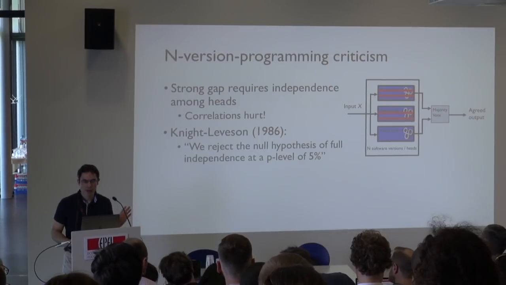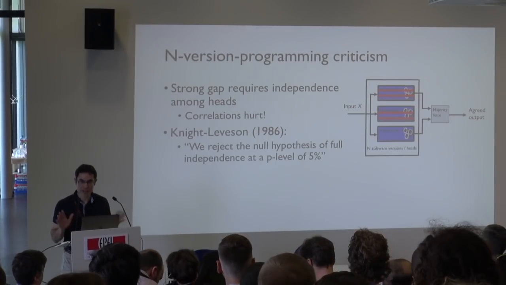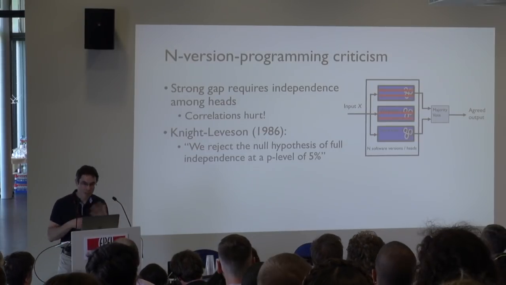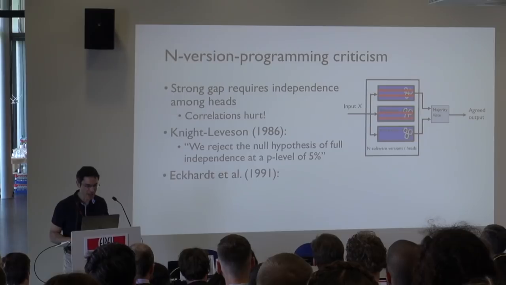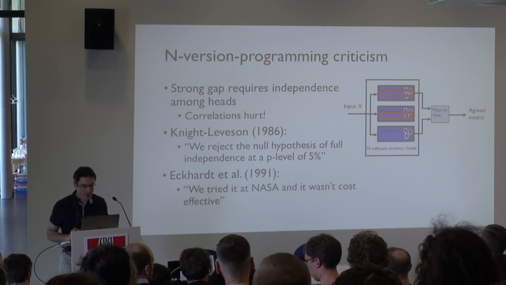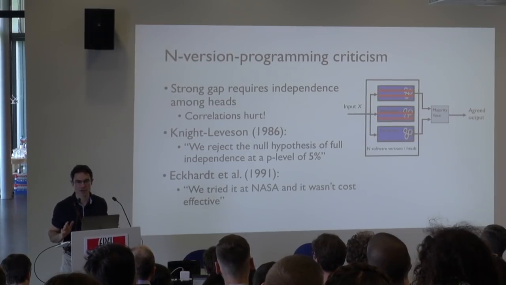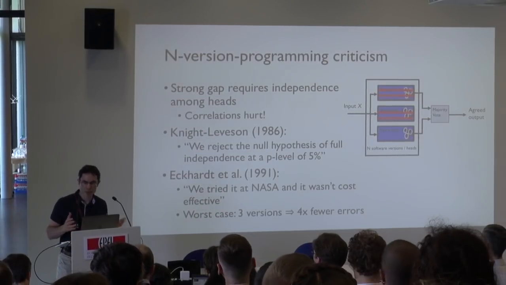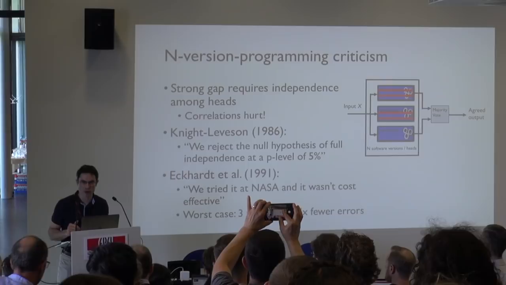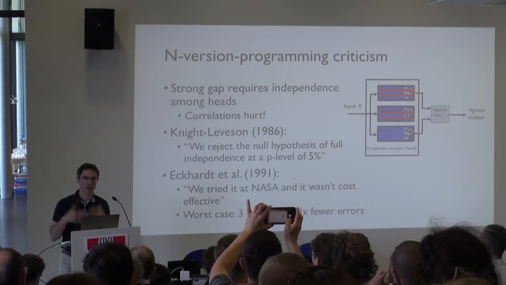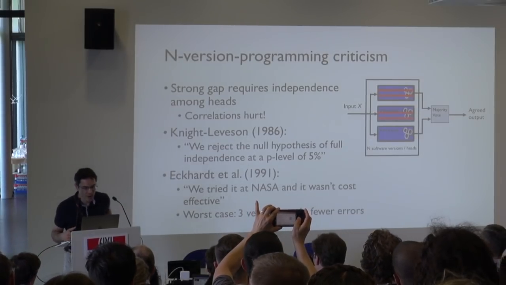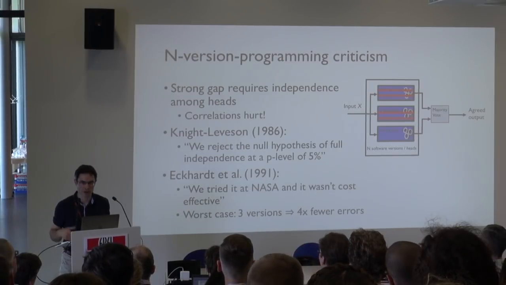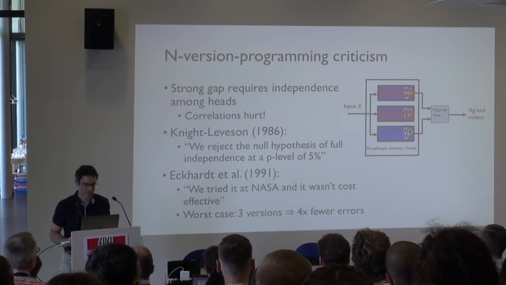That's bad, but worse still, NASA, again, it wasn't by coincidence that I showed you Space Shuttle, NASA played with N-version programming and found that it simply wasn't cost effective. In the worst case, they were producing 3 different versions of a program, obviously a great expense, tripling the development costs, and they were only ending up with a factor 4 fewer errors in their meta program.